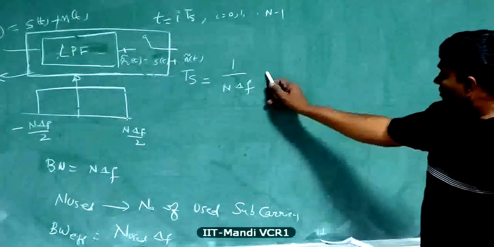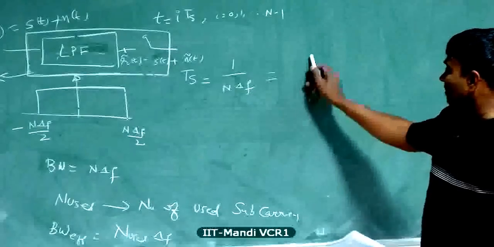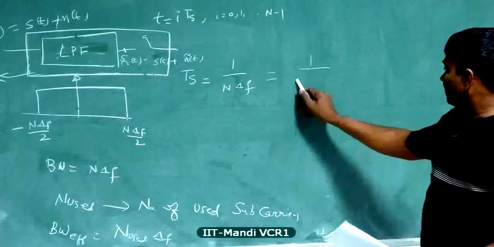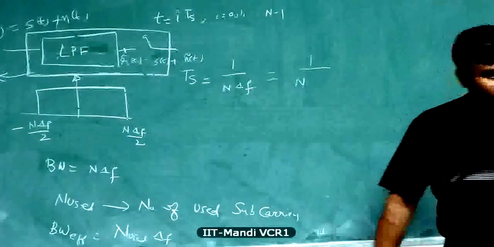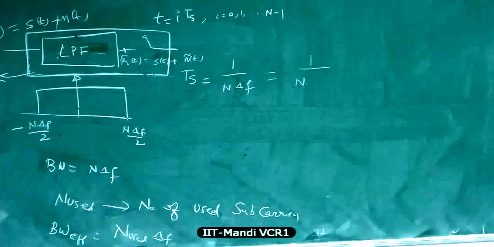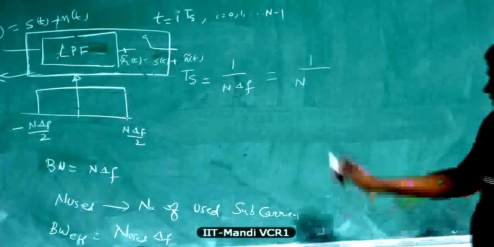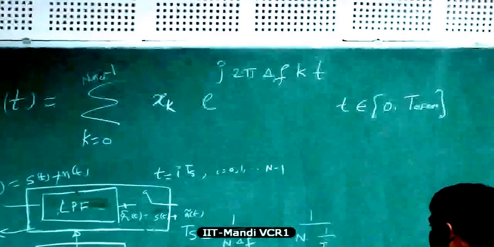We do know that delta F is equal to 1 over T OFDM.